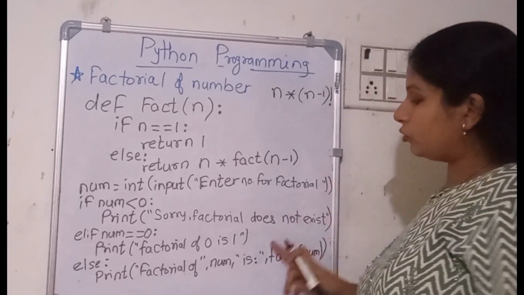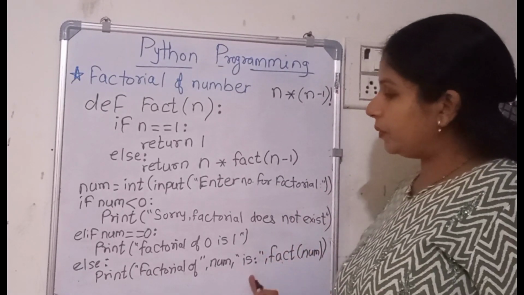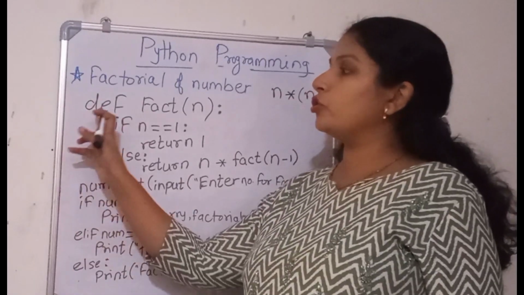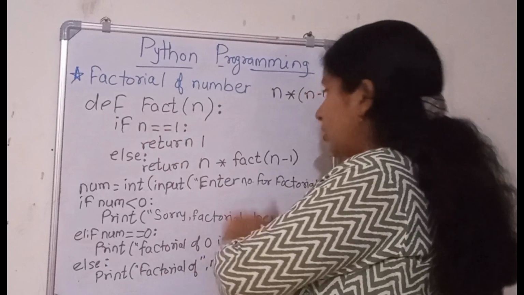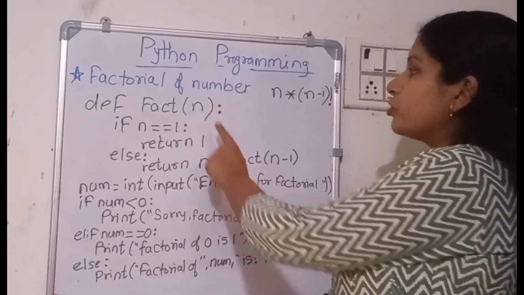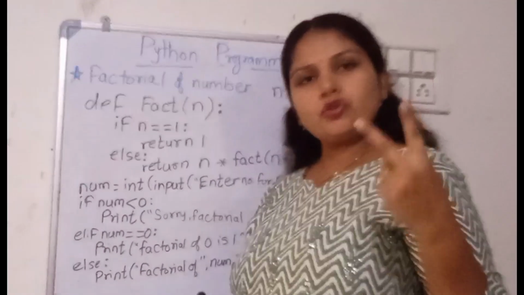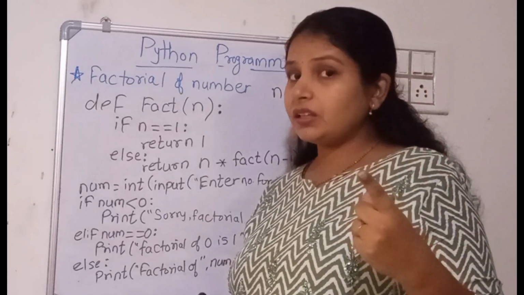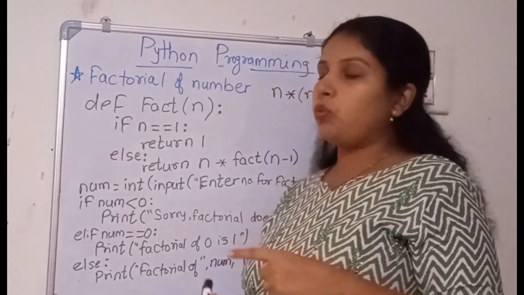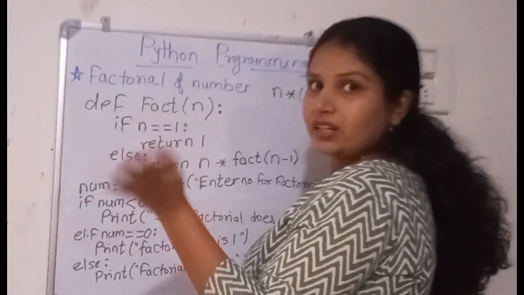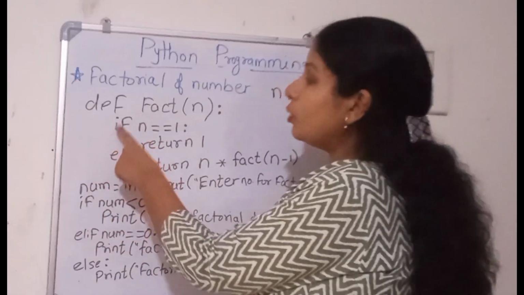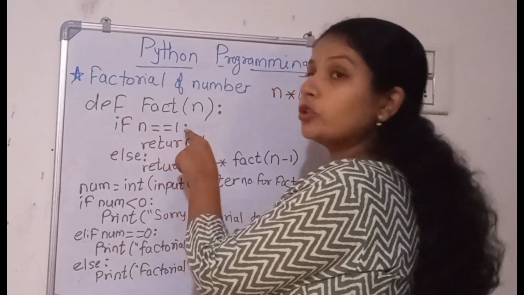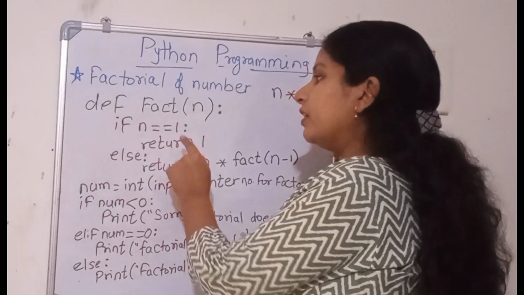Fact of number, your control will flow from here to your factorial definition. Fact, and you are passing this number to n. Now again you are checking two conditions. Either the number will be 1 or it will be more than 1. First you are checking the condition: if the user enters 1, this condition will be true. If n equal to 1, then return 1.